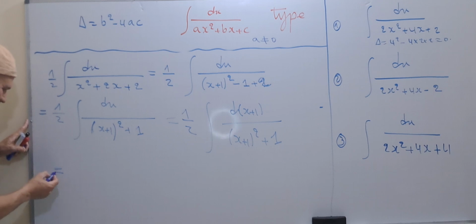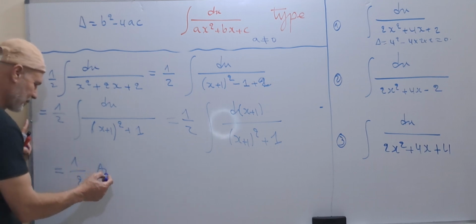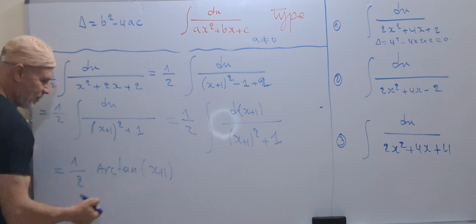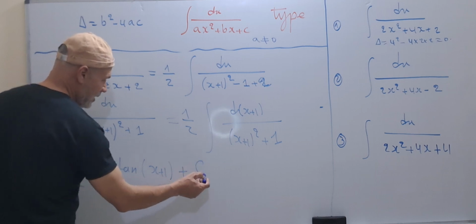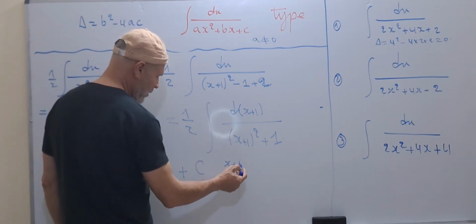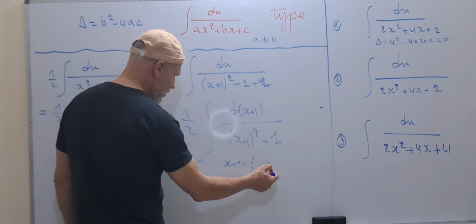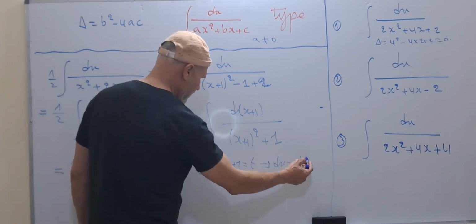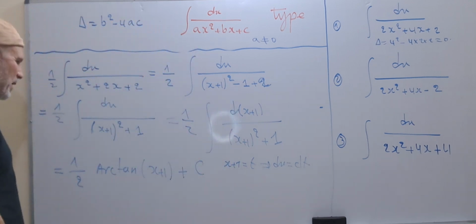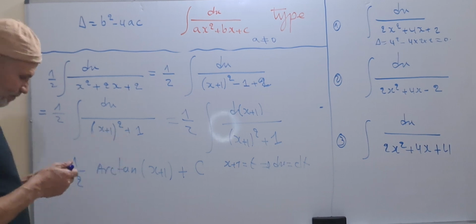So finally we get 1 over 2 arc tangent x plus 1 plus a constant. Actually, in general case, we take x plus 1 equal t, so dx equal dt, and we get dt over t squared plus 1, which gives us arc tangent t. Then we replace t by x plus 1.